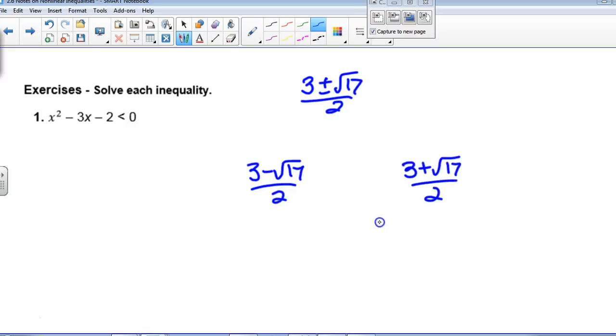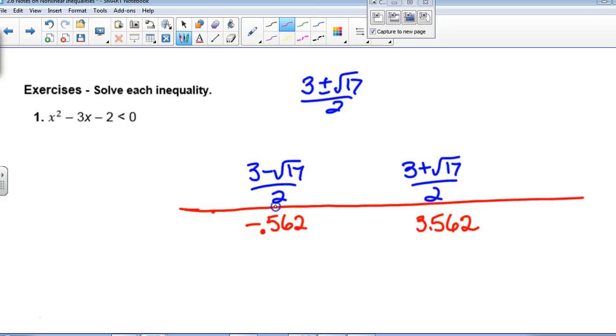Quadratic gives you that, but somebody tell me what the decimals are. 3.561552. Okay? Negative 0.56. All right. So here's the x-axis, and there are the zeros. What is this graph? It's a parabola that opens up.